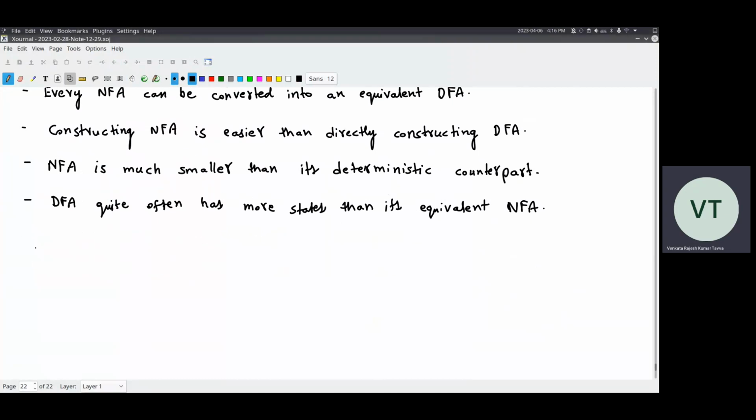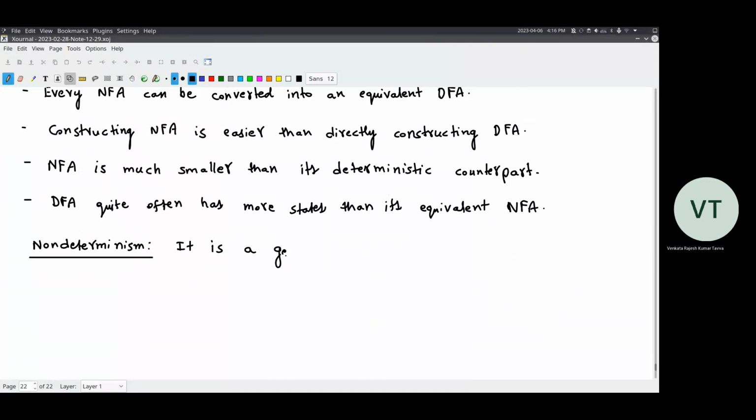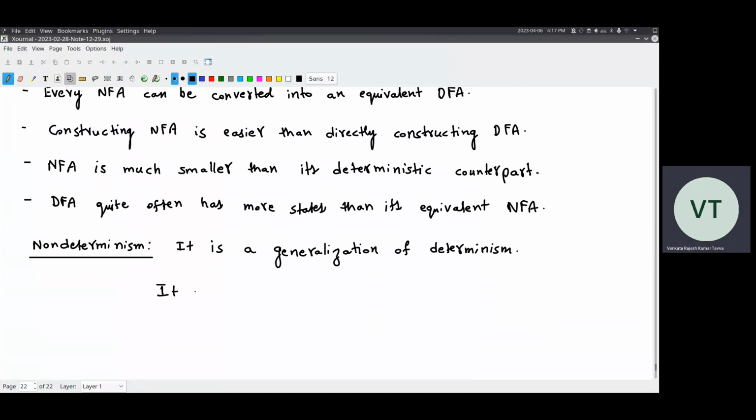So another way of understanding non-determinism: it is a generalization of determinism. It can be viewed as parallel computation.